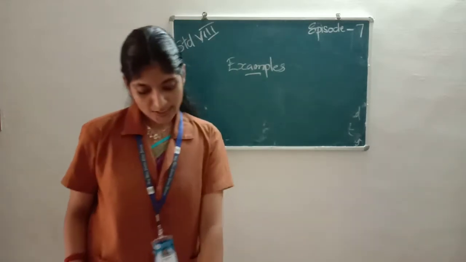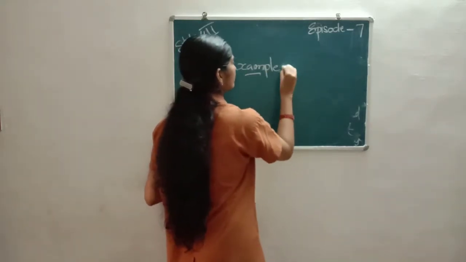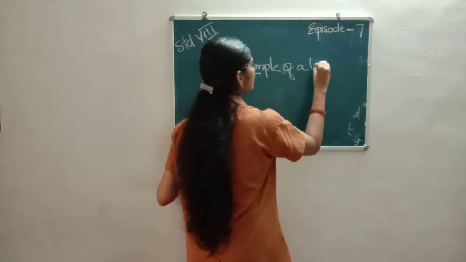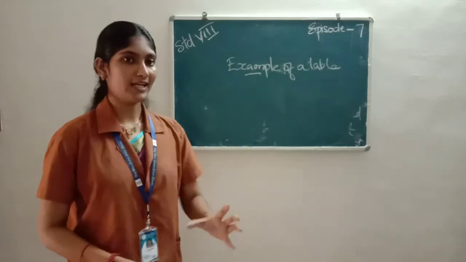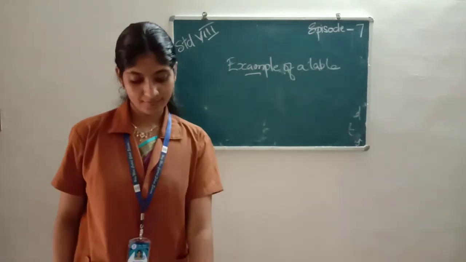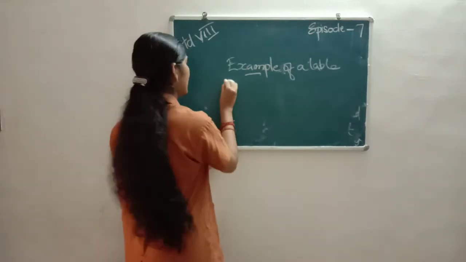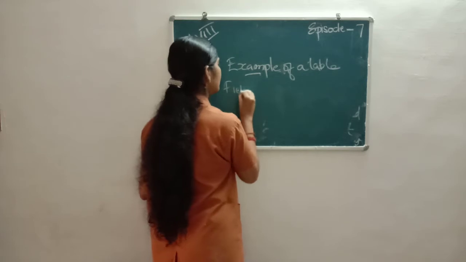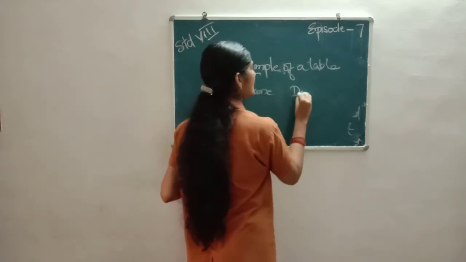Okay, so an example of a table. We know a table contains some fields. So here: roll number, field name and data type.